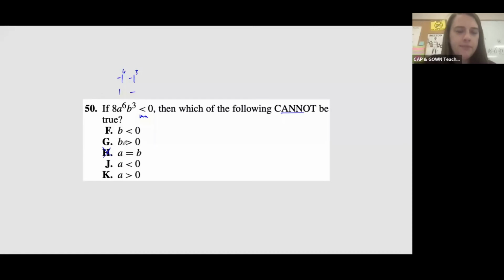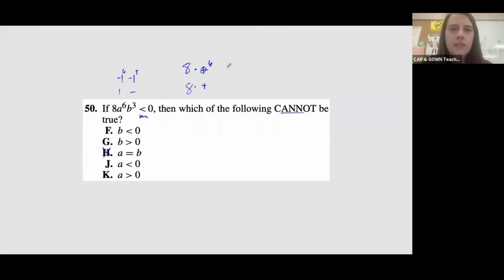So let's go up one. Greater than 0, well, if I put that in there, then if we have positive numbers to the 6, they're always going to be positive.